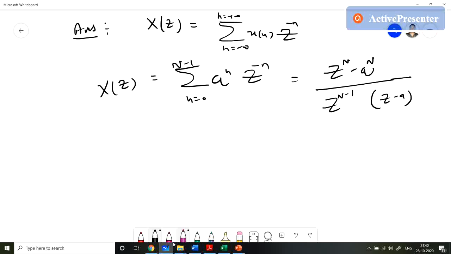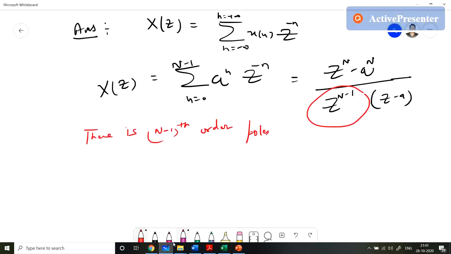If we see that, we can find out that there is a pole of N minus 1th order here. So there is an N minus 1th order pole at z equals 0.